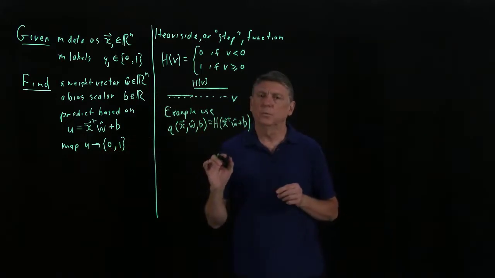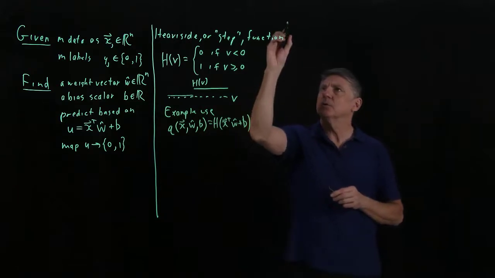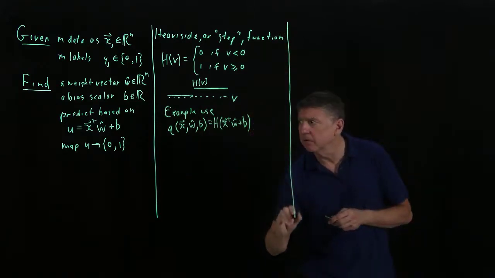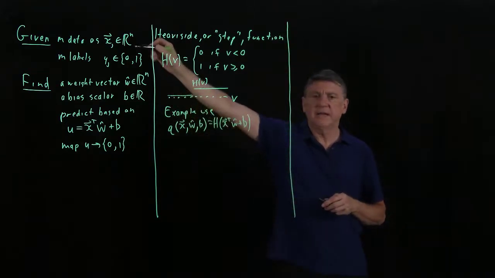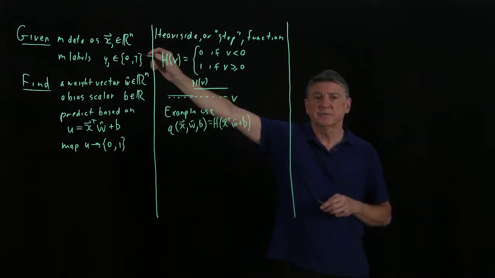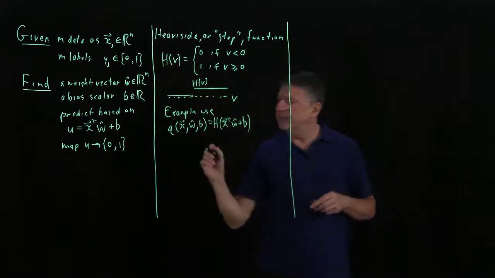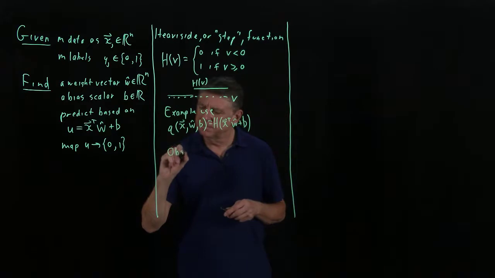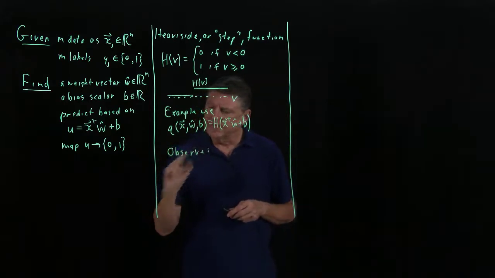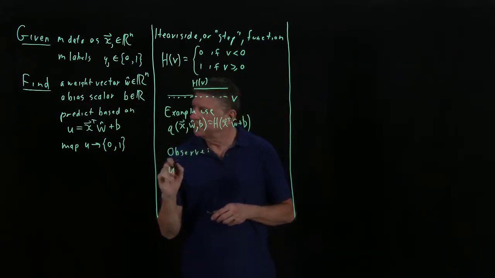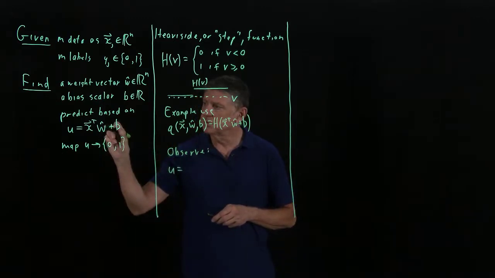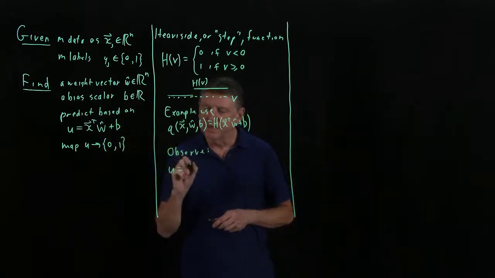The way that we'll do it is we'll gather all of these data into a design matrix. So we'll observe that U, which is X transpose W hat plus B, is another way that we could represent that.